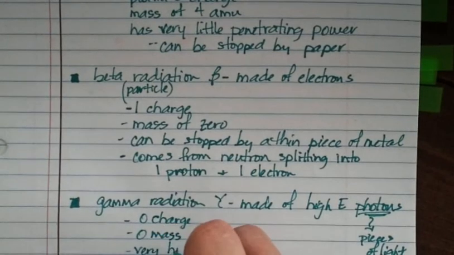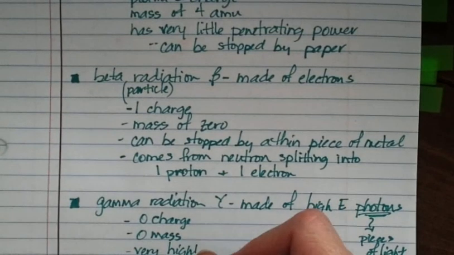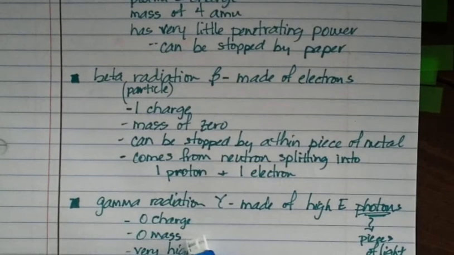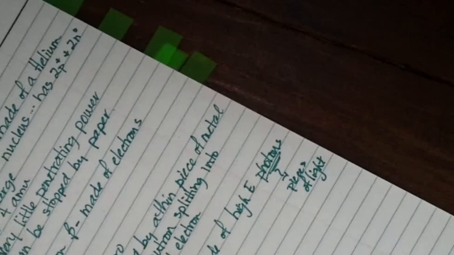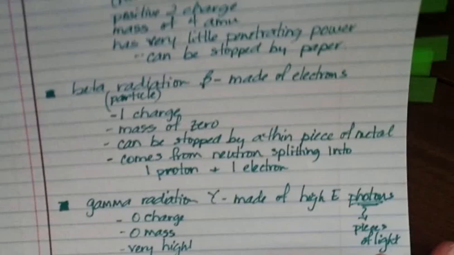That means you've got to have a lot of stuff there to protect yourself from it. Okay, yeah, I messed up here. And let's just stay there. So very high penetrating power.